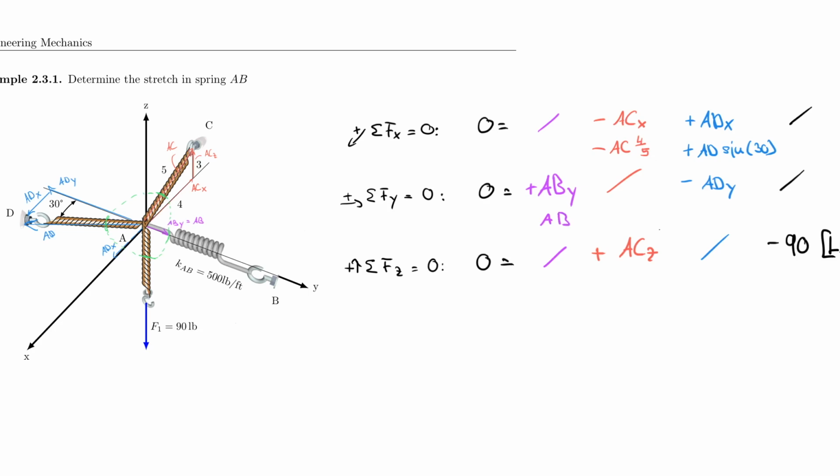I don't need to worry about the red component, but the blue component minus AD, which now is the cosine of 30. And then last but not least, I have the z direction, which only needs to convert ACZ, which is 3/5. And then minus 90.